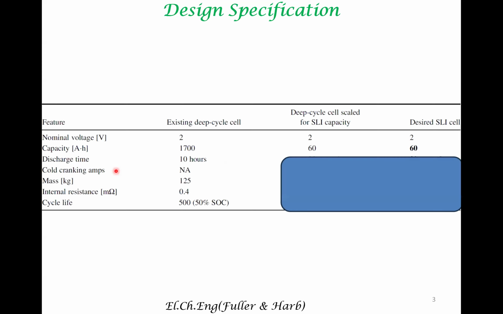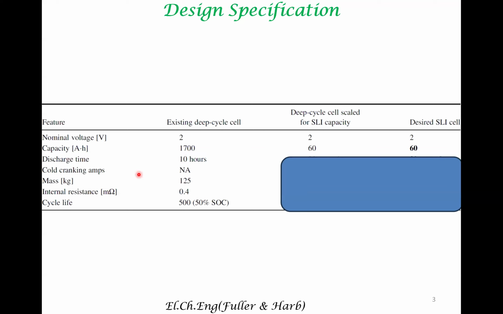So what is the agenda in front of us? The agenda is that we have an existing deep cycle battery. This is the lead acid battery, with a nominal cell voltage and a particular capacity. It is typically discharged at a slow rate, so it gets discharged in about 10 hours.